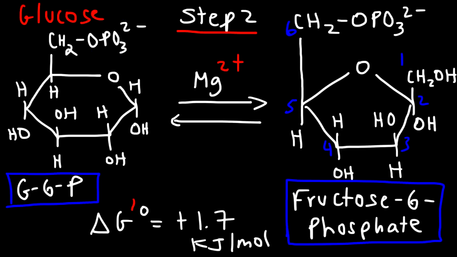And glucose and fructose are basically isomers of each other. So with that in mind, what type of enzyme do we need if we want to create an isomer, if we want to catalyze a rearrangement reaction? What type of enzyme will help us to do that? So for rearrangement reactions, you need an isomerase.